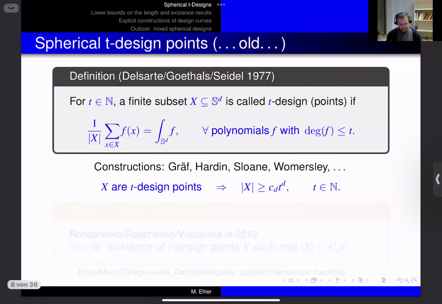And in the 70s, Delsarte, Goethals, and Seidel came up with the name of spherical T-design points. So we are back to points at this point.